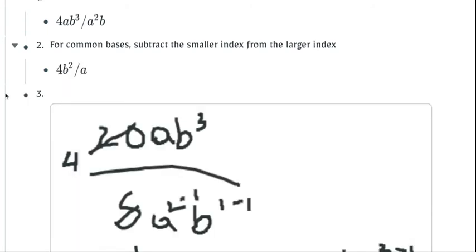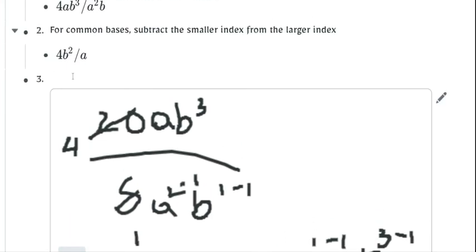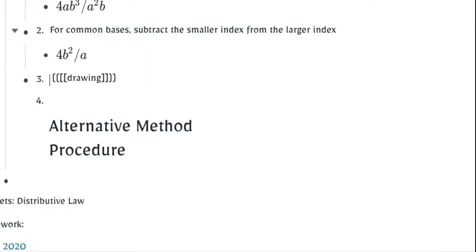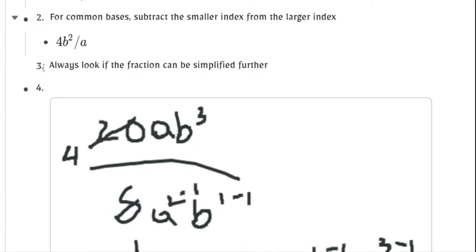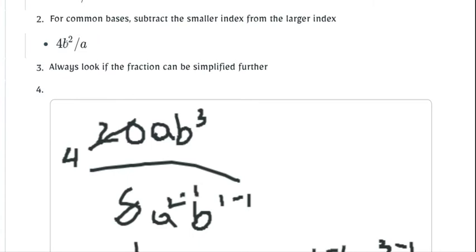All right, excellent. Now there's a last thing I want to put as the final step. Even though you have this answer, always look if you can simplify further. Always look if the fraction can be simplified further. So let me ask the question. Can this fraction be simplified any further?